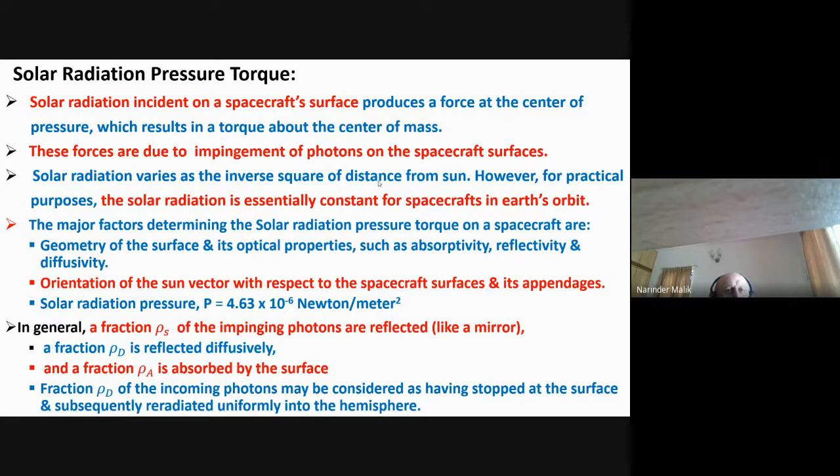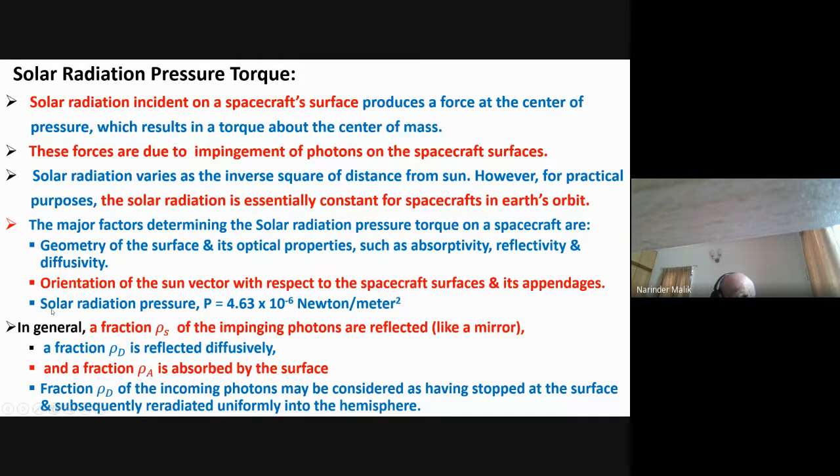The major factors determining the solar radiation pressure torque on the spacecraft are again the geometry of the surface, its optical properties such as absorptivity, reflectivity, and diffusivity, and the orientation of the sun vector with respect to the spacecraft surface and its appendages. What is the solar radiation pressure?